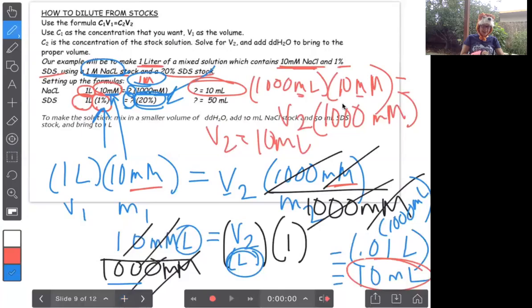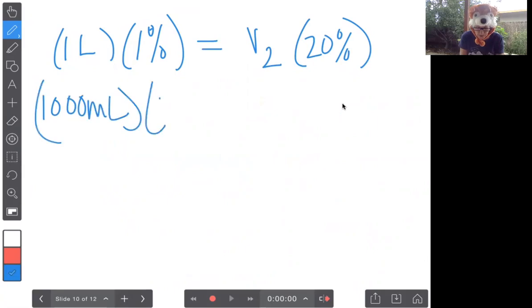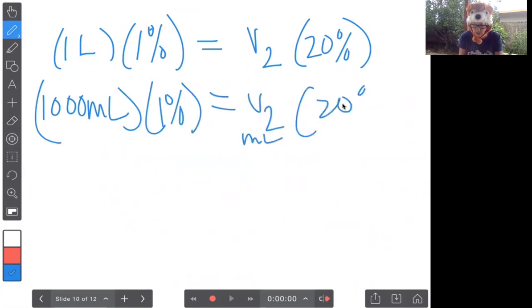Yes. Okay, so 1 liter times 1% equals what? V2 times 20%. And again, we want it in mils, so let's change this already. And V2 is going to be in mils times 20%.